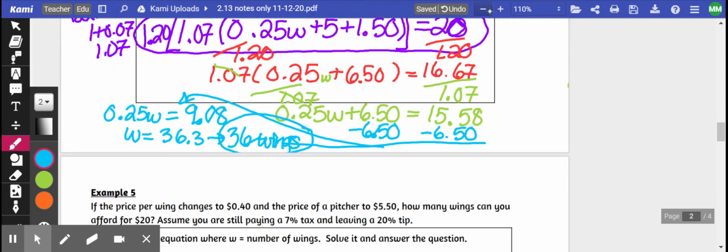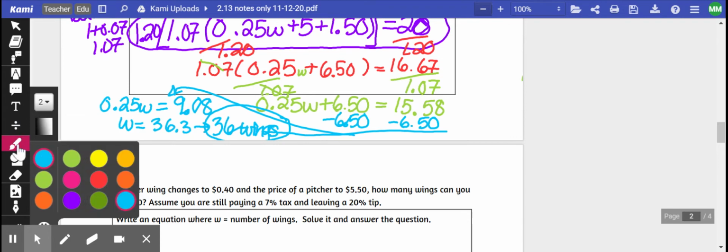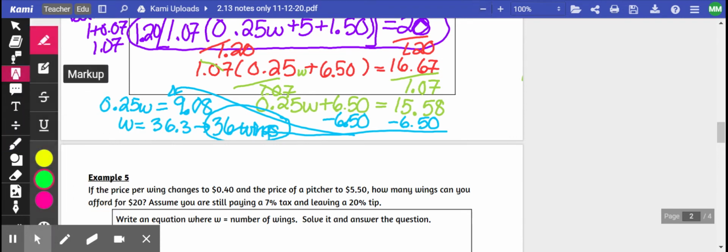Okay, so looking at the next one, for example 5, it says if the price per wing changes to 40 cents, so now we're changing it to 40 cents, and the price of the pitcher is $5.50. You still have $20 to spend, and it's still 7% tax and 20% tip.